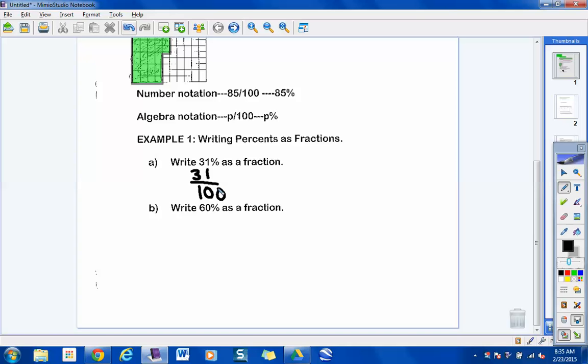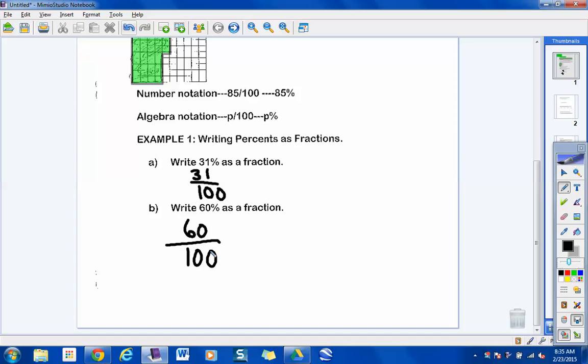Okay. Now the next one, be careful on this. How would you write 60% as a fraction? 60 over 100. Now this one right here may be more interesting. When you go 60 divided by 100, how about reducing that? Both end in zeros, so what has to go into both of those? 5. 5 would, or even higher than that, 10.